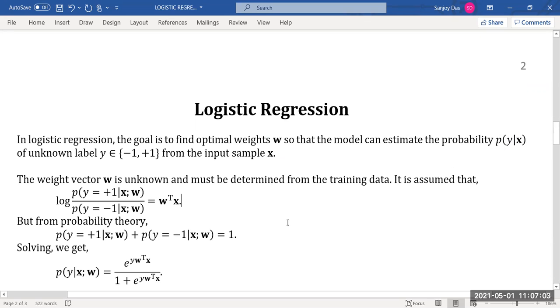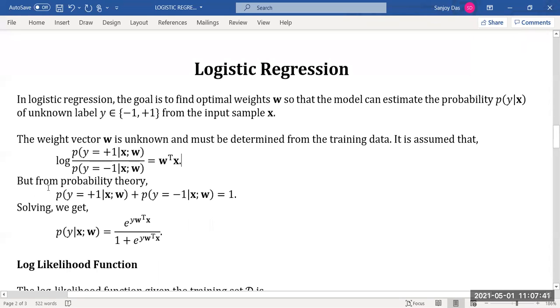Now, we make the assumption that the log of the ratio of the two probabilities is W transpose X. Log of probability Y equals +1 given X and W, divided by probability of Y equals -1 given X and W, is equal to W transpose X. This is the assumption that we make in logistic regression.